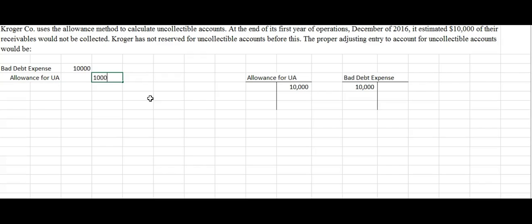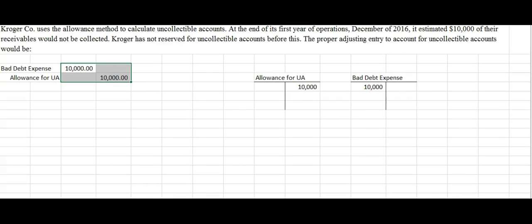It doesn't really matter to me what you call it as long as it makes sense. You could call it allowance for uncollectible accounts or allowance for bad debt. Okay, so this is the proper entry to show that.